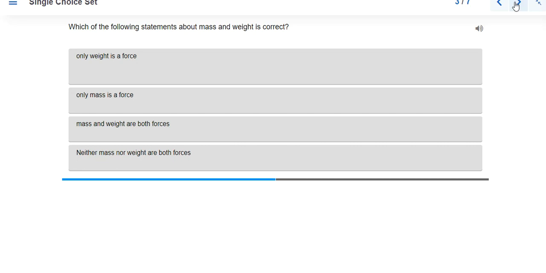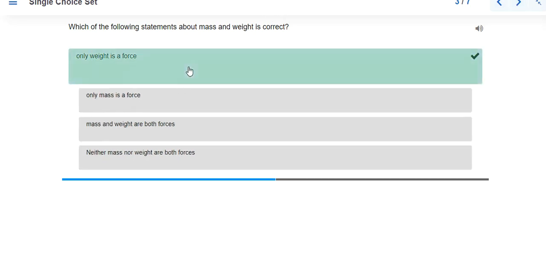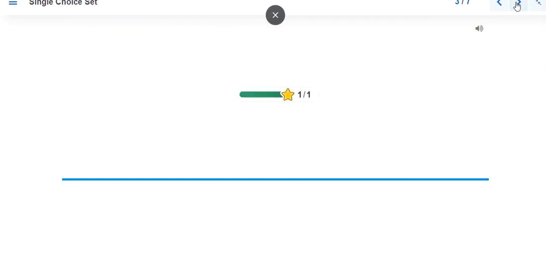Weight is the product of mass and acceleration due to gravity, and weight will always act downward. That shows that it is a force which has magnitude and direction that acts downwards. Therefore, only weight is a force. Let's see. So we proceed.